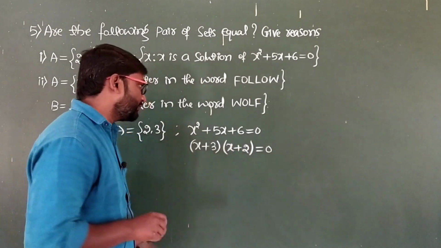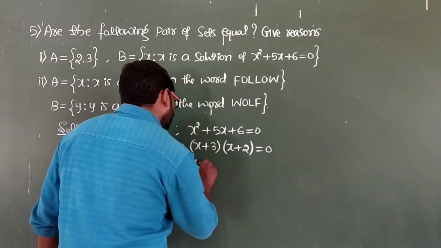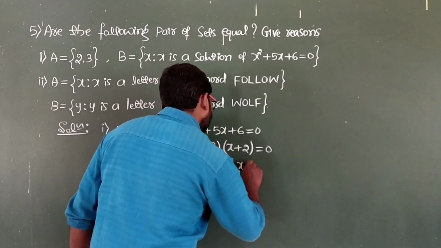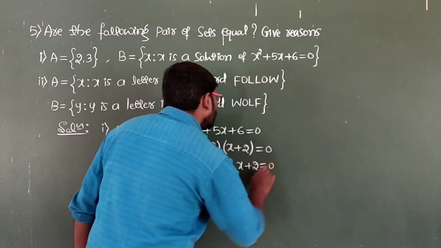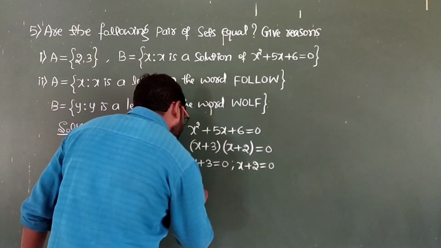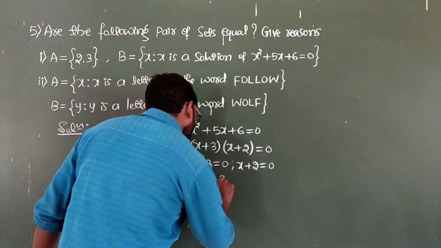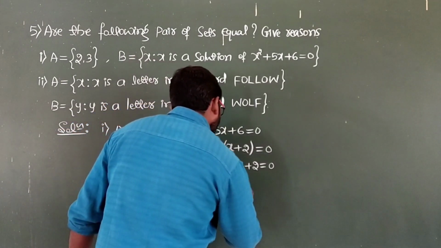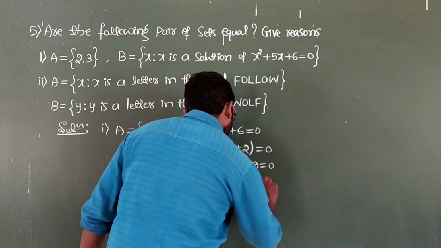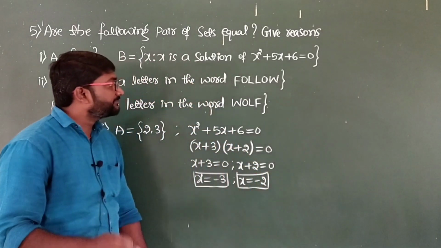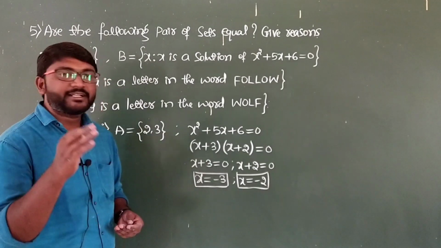Now from these two you get x plus 3 equals 0 and x plus 2 equals 0. So take 3 to the RHS, it becomes minus 3. You get x equal to minus 3 and here you get x equal to minus 2. So that means the elements of the set B are minus 3 comma minus 2.